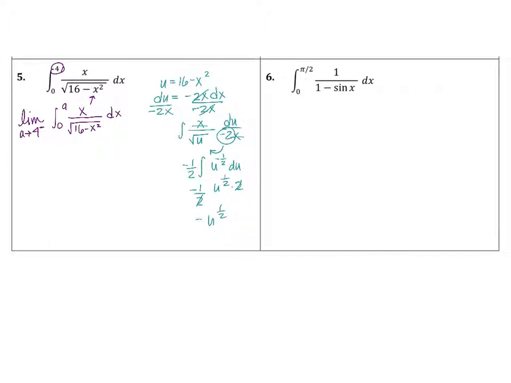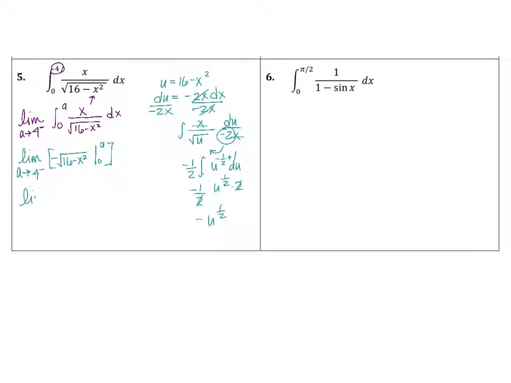All right, so now let's go all the way back up and do all of this again. So coming back over here, we have the limit as a approaches 4 from the left, and all of this integration stuff is going to go to negative u, but we saw that u is 16 minus x squared, so it's going to be negative square root of 16 minus x squared, and we are evaluating that from 0 to a.